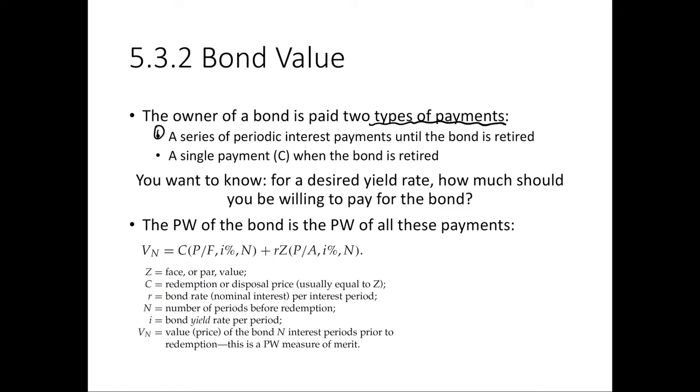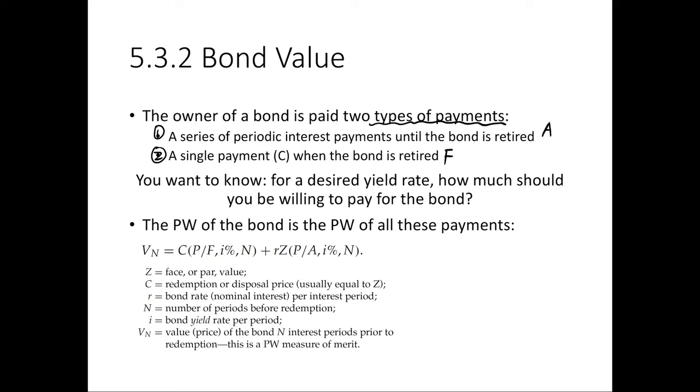The one is a series of periodic interest payments until the bond is retired. Because it's periodic and it's the same amount every period, it sounds like an annuity, right? And another payment is the final C, the redemption you can get when the bond is retired. So it's a future value.